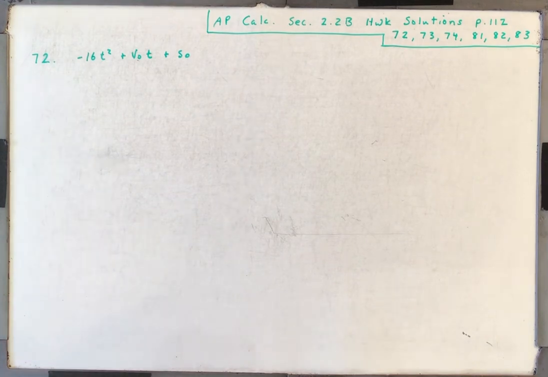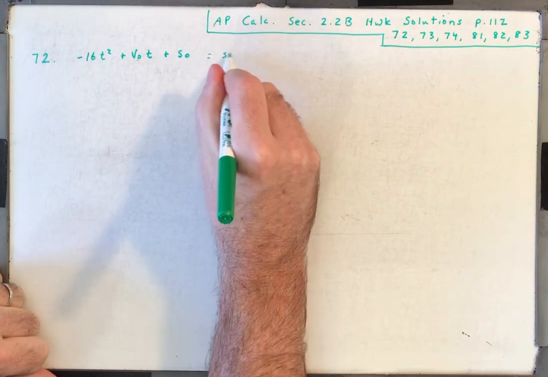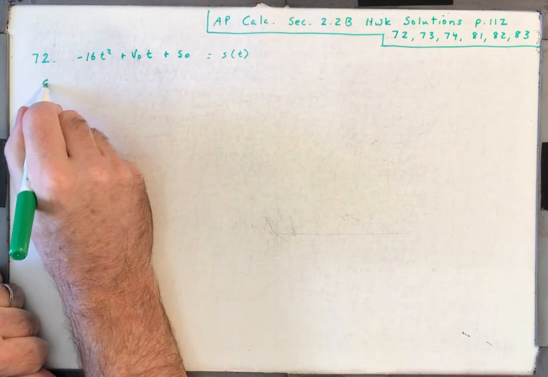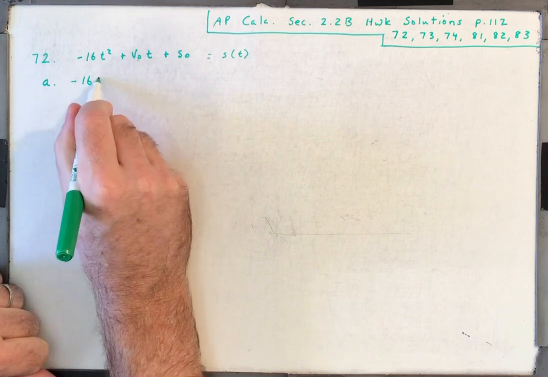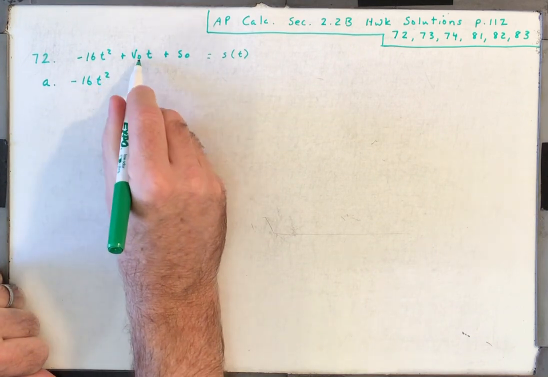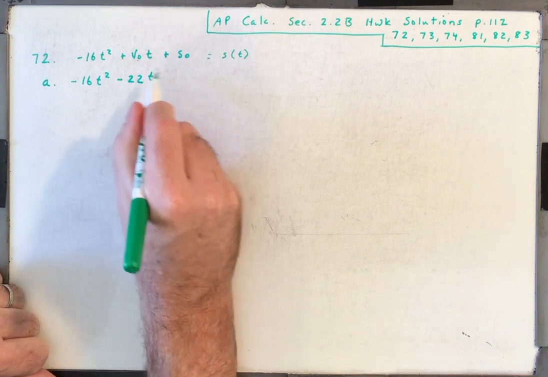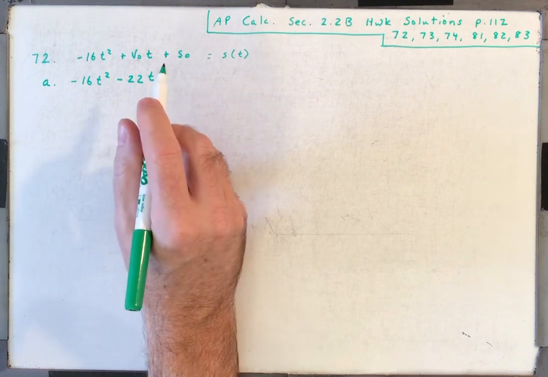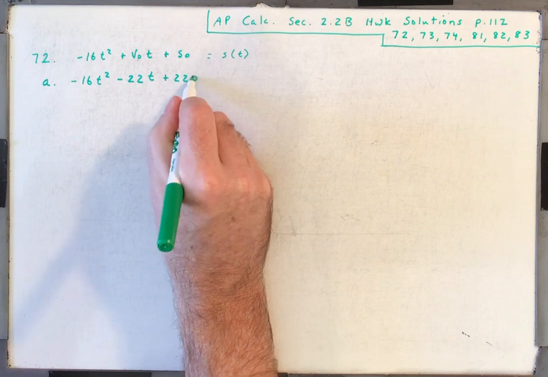So part A, we know that this is s of t. For our specific situation, we have negative 16t squared. The initial velocity is 22, so minus 22t. And then in the problem it says it's a 220-foot building, so plus 220.